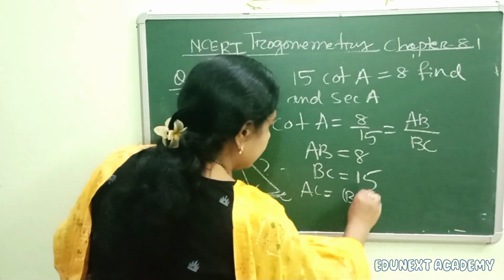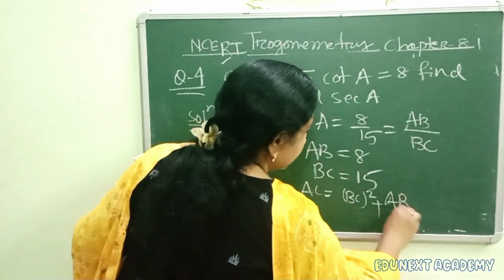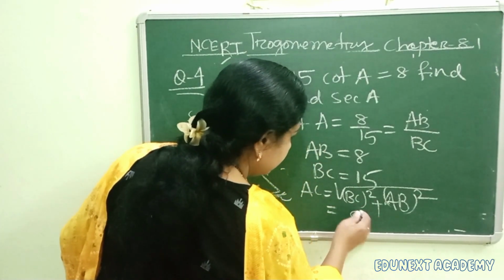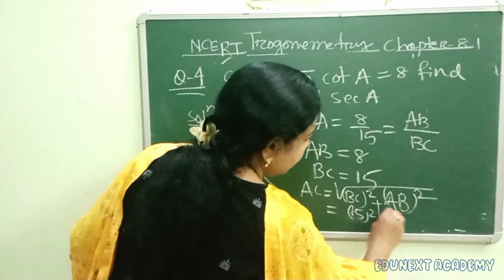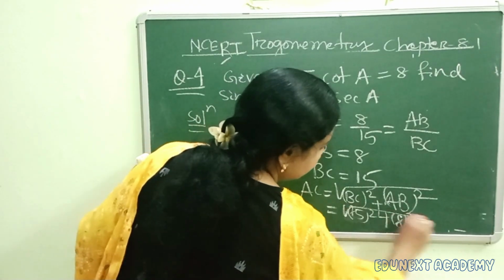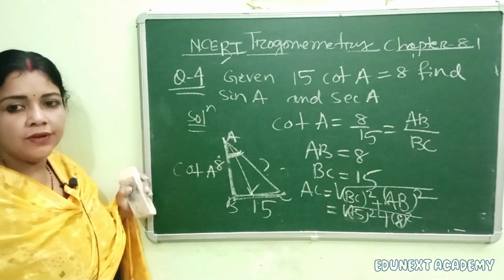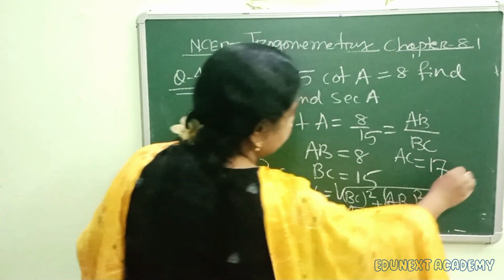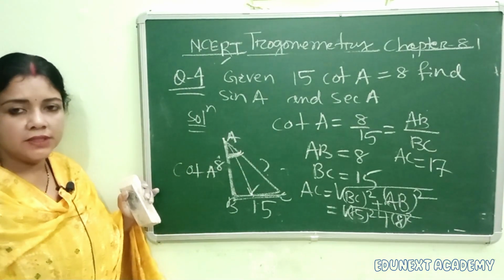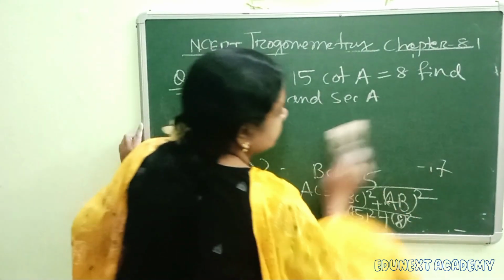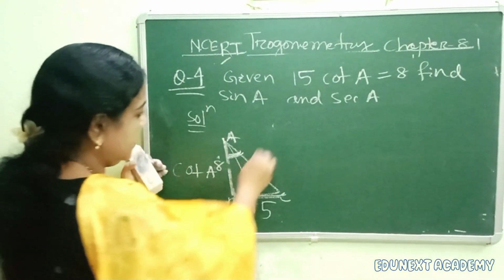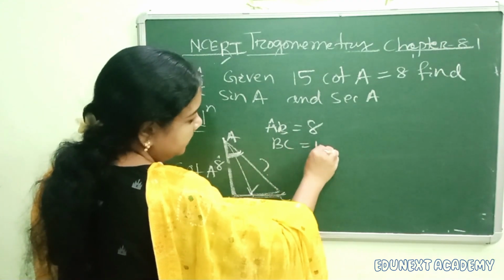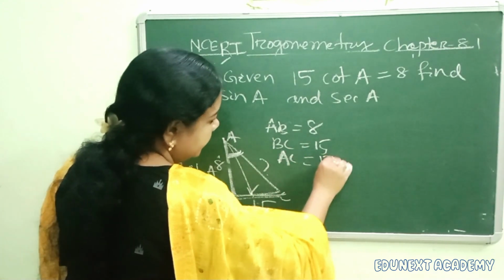the square root of BC square plus AB square, that is the square root of 15 square plus 8 square. So finally I got AC is equal to 17. Now I got all the sides of the triangle: AB is 8, BC is 15, AC is 17.